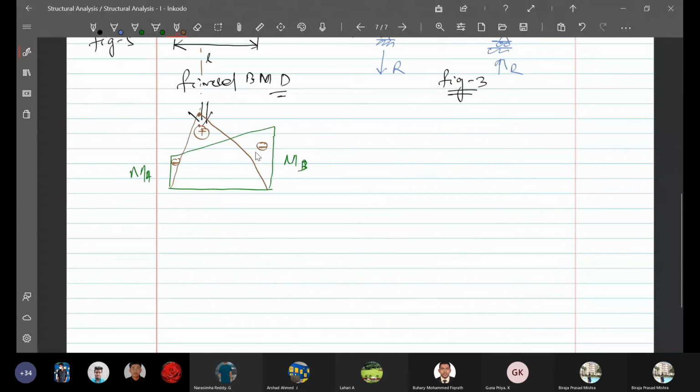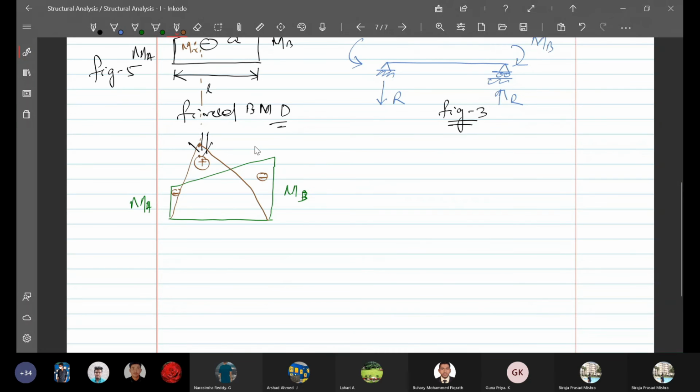Now this distance from here to here is WAB by L. Now do we know what MA and MB are? Do we know the value? Till now, no, we don't know that.